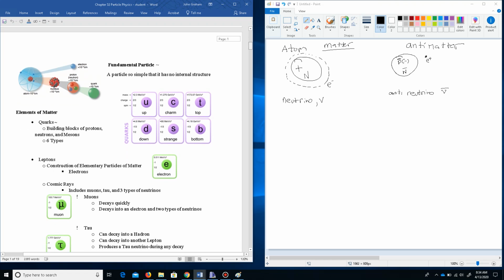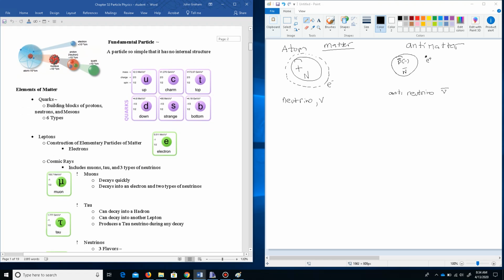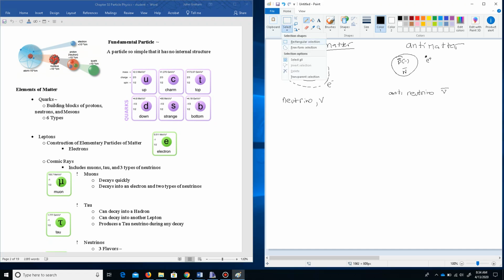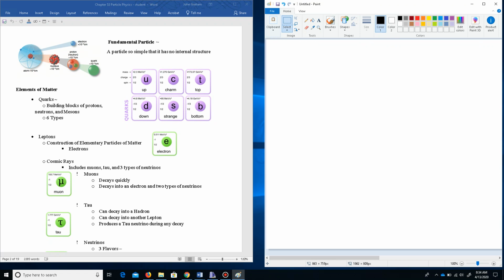Alright, so we're going to get into the fundamentals. And so we want to remember that we're going to be looking at both matter and antimatter in this, and which ones have antimatter and which ones do not.